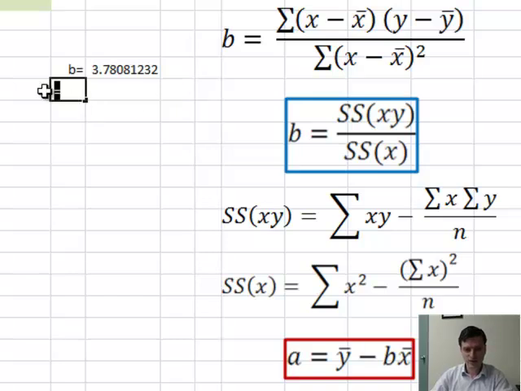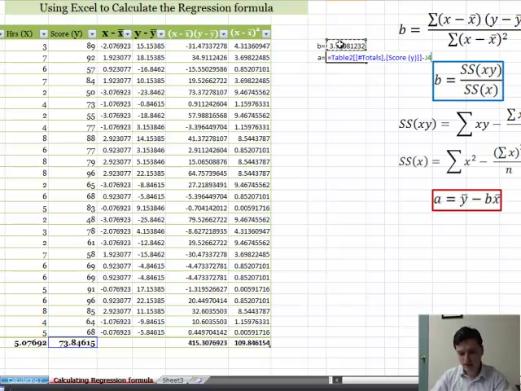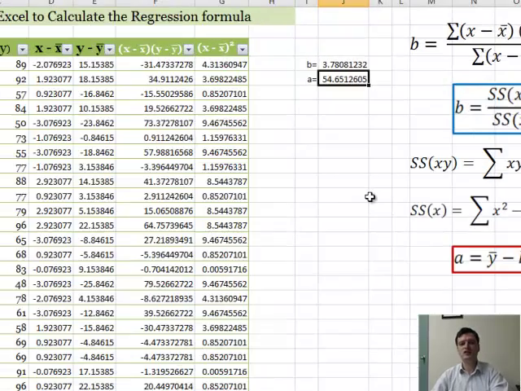So A, right, will be equal to, and I will format that so that it aligns to the right, will be equal to, right, the mean, which is Y bar, the mean of the scores, minus the slope, B, that we found using all that calculation, times X bar. X bar is the mean of the hours studied. Hit enter, and that would be the intercept.